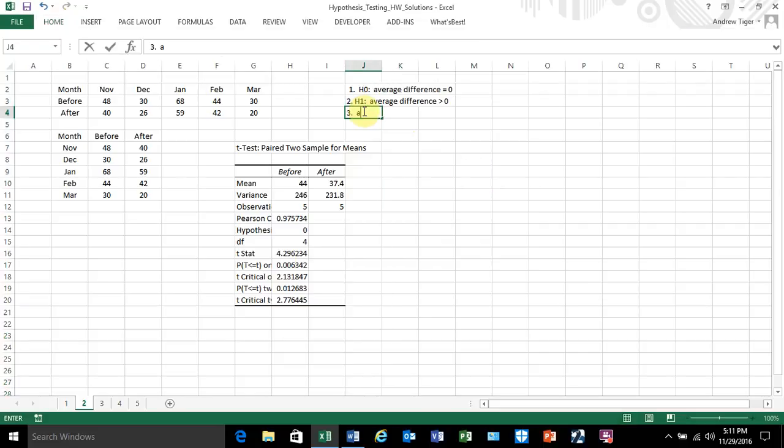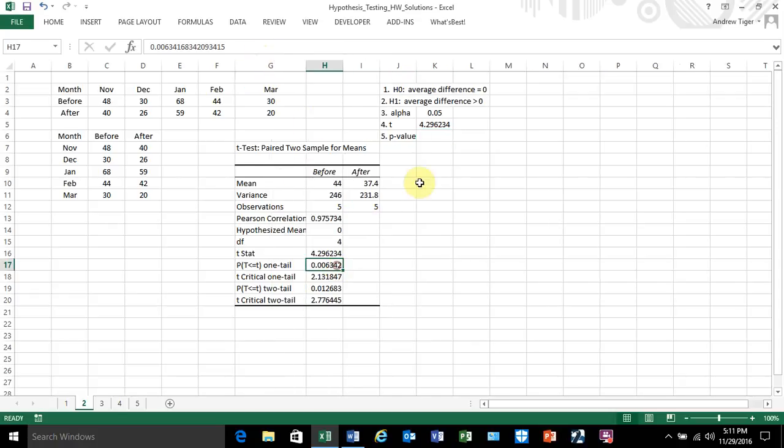Step 3, alpha, choose 0.05. Step 4, what's my t-stat? It's equal to this. Calculate a p-value. It's already given to us. It's a one-tailed test, so it's this.